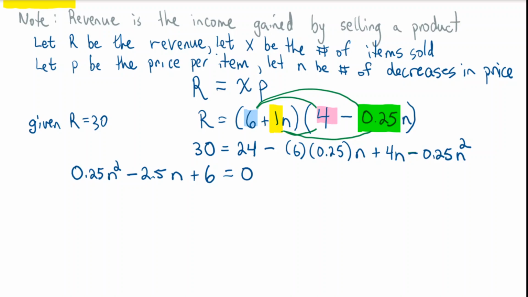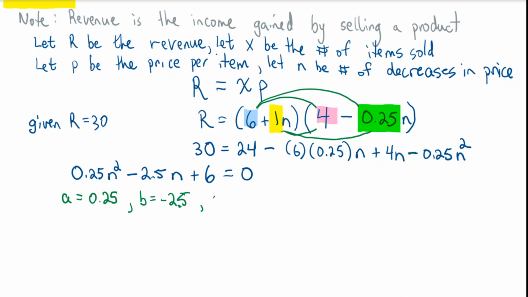So I'm just going to use the quadratic formula, which always works when you get your quadratic expression equal to 0. So I'm just going to identify my a value, which is the number in front of the n squared, 0.25. My b value is the number in front of the n. So b is negative 2.5.